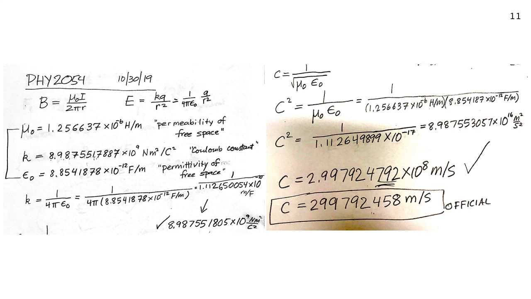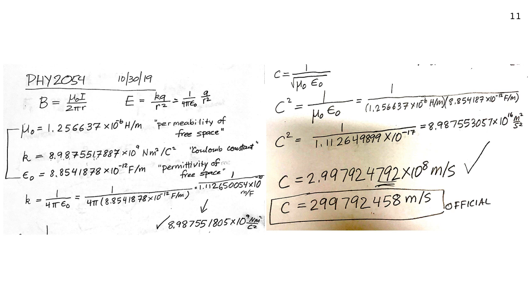All right, so here we go. 1 over 1.25667 times 10 to the minus 6 henries per meter times epsilon naught, which is 8.854187 times 10 to the minus 12 farads per meter. All right, so let me do that, and then we'll do 1 over that.